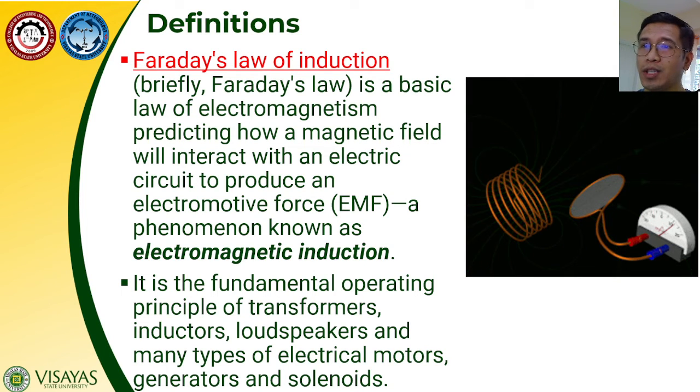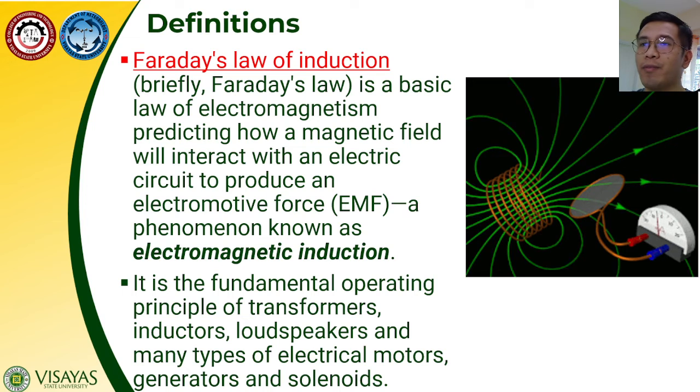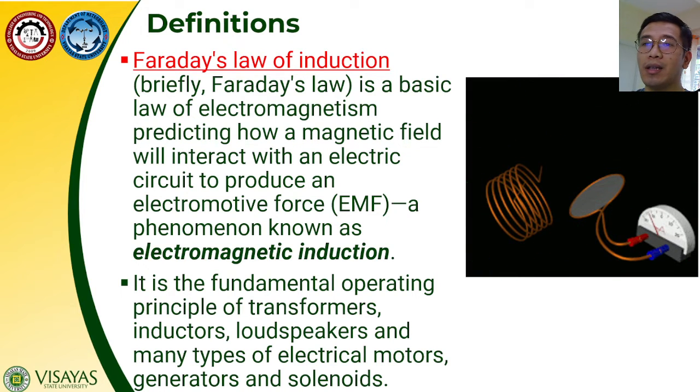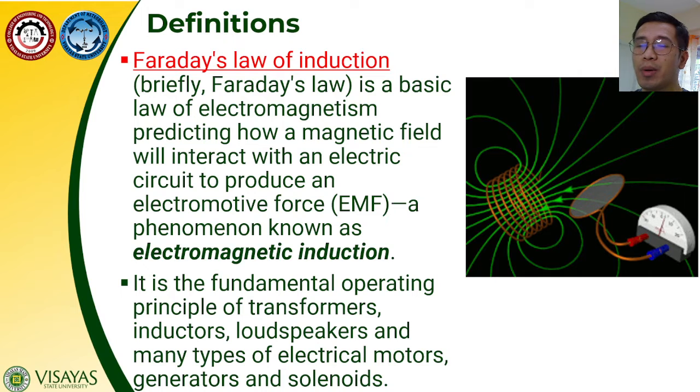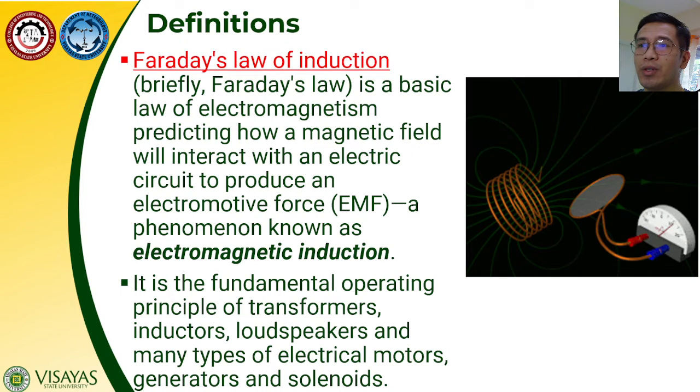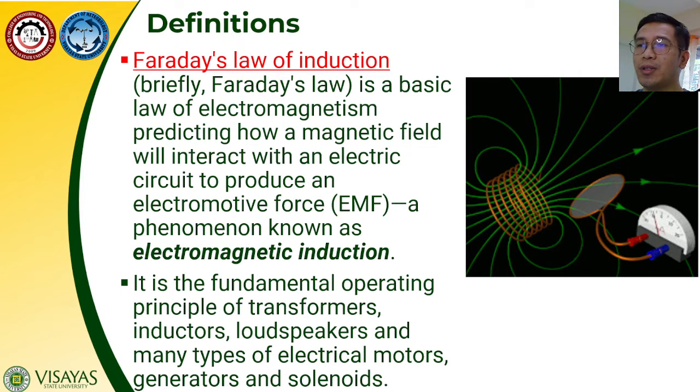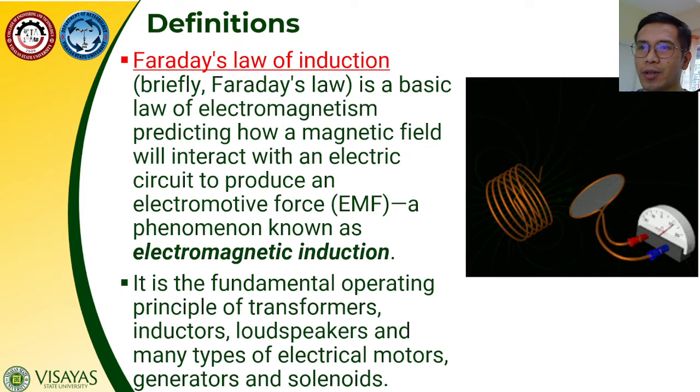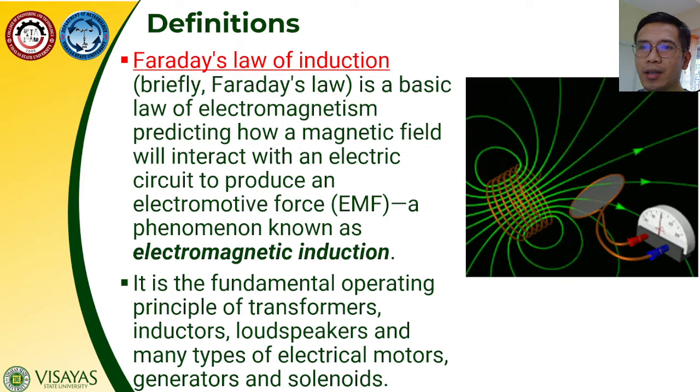Later on, we will just be using the term EMF. This is a phenomenon known as electromagnetic induction. This is the fundamental operating principle used for transformers, inductors, and many types of electrical motors, generators, and solenoids.